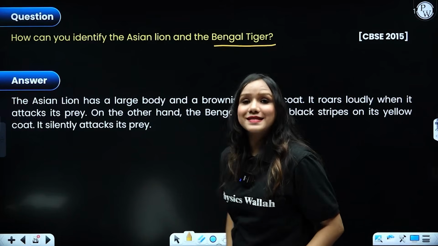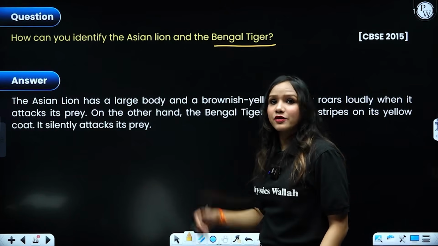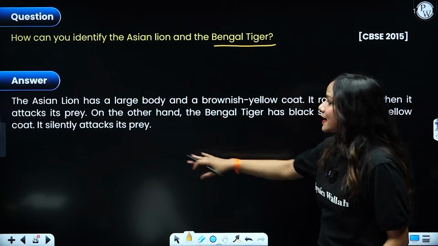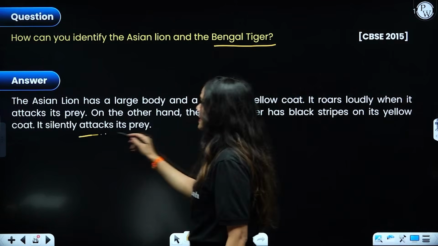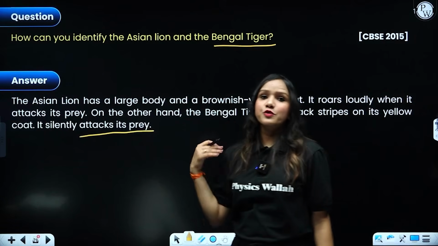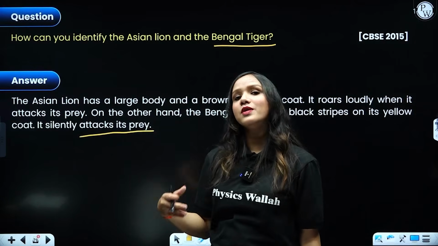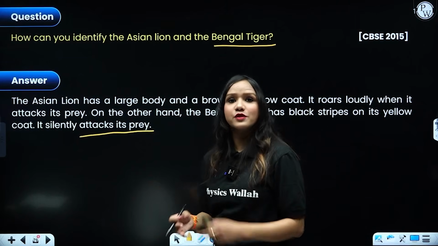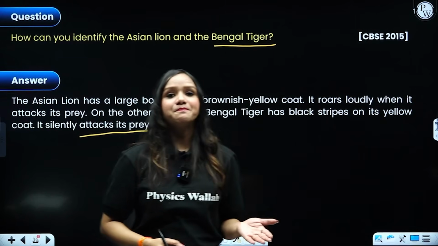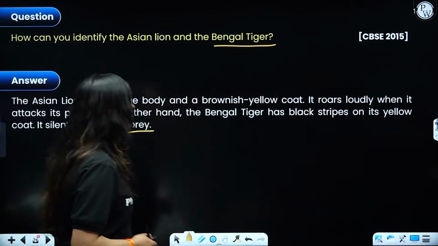He's a large and tawny beast with different patterns on the skin, right? The Bengal tiger has black stripes on its yellow colored body. It silently attacks its prey, and it is not going to show you any mercy at all. Even if you are dying with pain, if you are crying with excruciating pain, it is not going to show you any mercy, and it is simply going to eat you up, right?